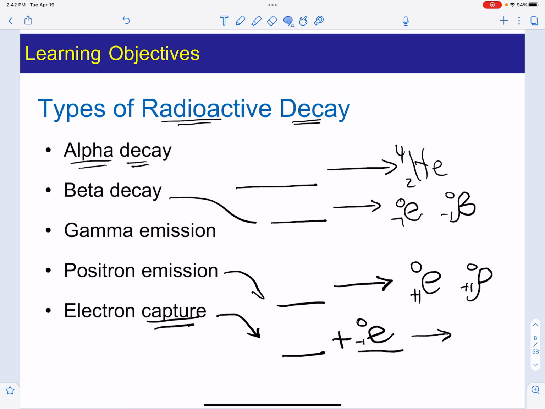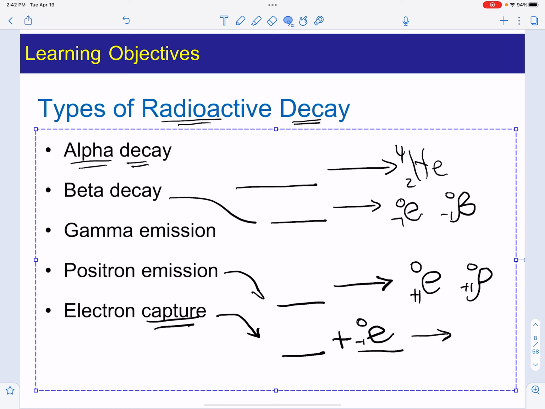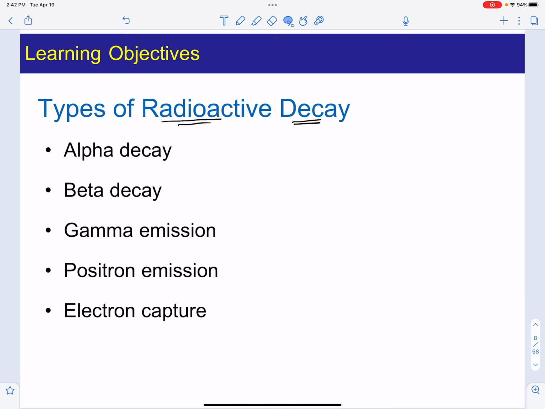There's one that I haven't done, which is gonna be gamma emission. That means that something releases gamma radiation, and we're gonna represent gamma with the gamma symbol from Greek. And this is pure energy, so there's no protons, there is no mass. It's just energy.